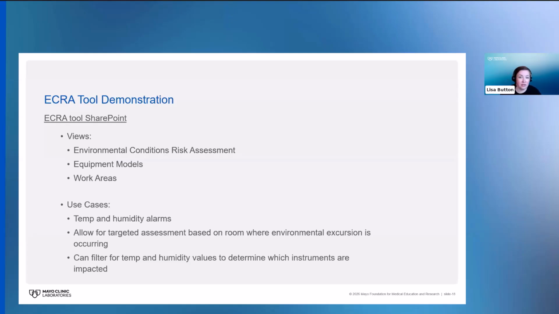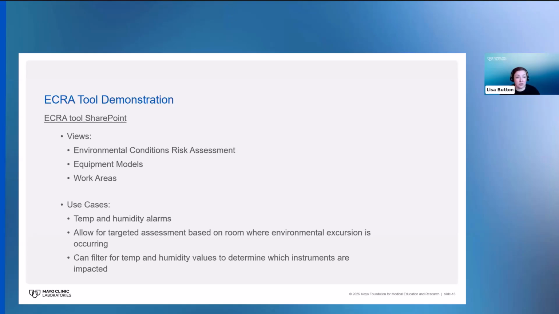All right, so I'd like to take this opportunity to share with you what the ECRA tool looks like for us. I will say that this took us about a year to come to fruition when our team came together to try to figure out how we want it. So we thought about this before CAP updated their checklist item. It was just something that we wanted to get our arms around a little bit better, feel a little more comfortable with knowing what our upper and lower ranges were.